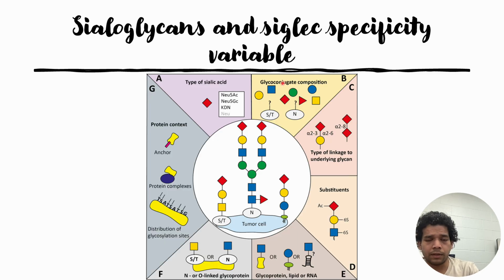The next thing is the glycoconjugate composition. So basically, whether a glycan is composed of different kinds of glycan monosaccharides, such as whether it's a high mannose sialic acid dependent glycan, or whether it's a hybrid sialic acid dependent glycan. This will also determine its specificity.